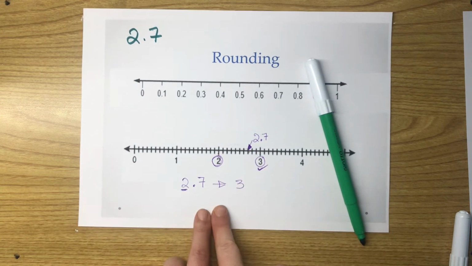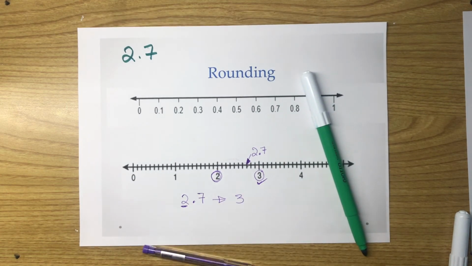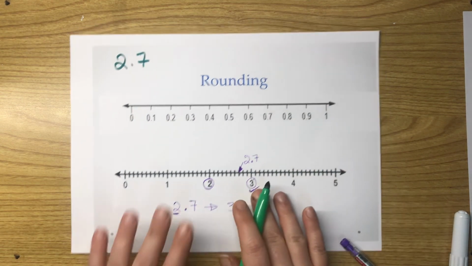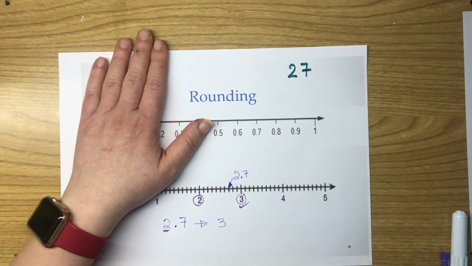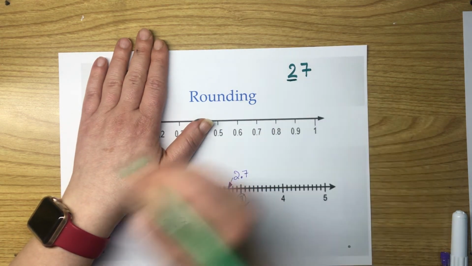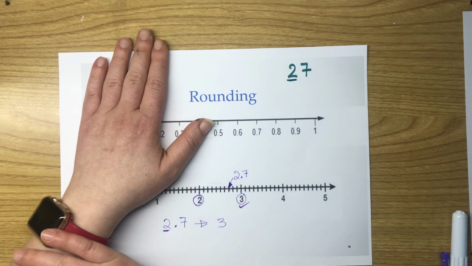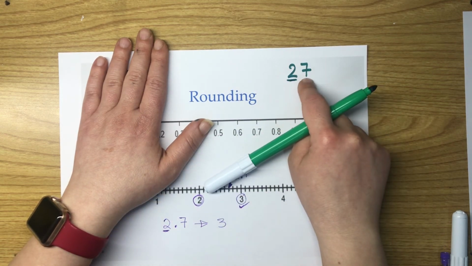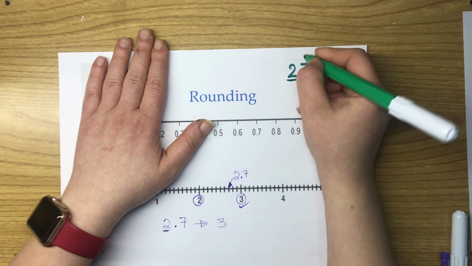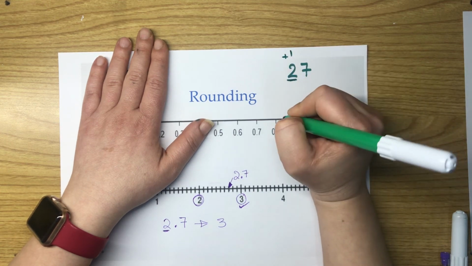Let me remind you of how we used to do rounding. Round 27 to the nearest tens. Find your number, look right next door, 5 or more, add 1 more.